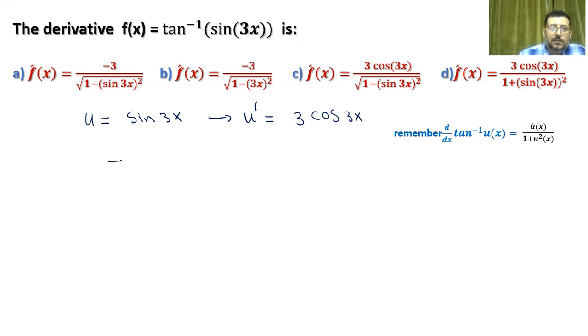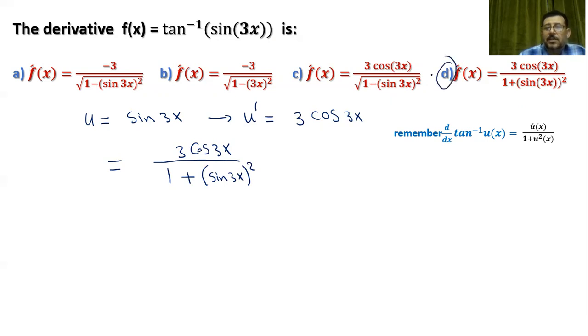So the derivative equals u prime, 3 cosine 3x, over 1 plus u squared. U is sine 3x, so sine 3x squared. The right answer is D.